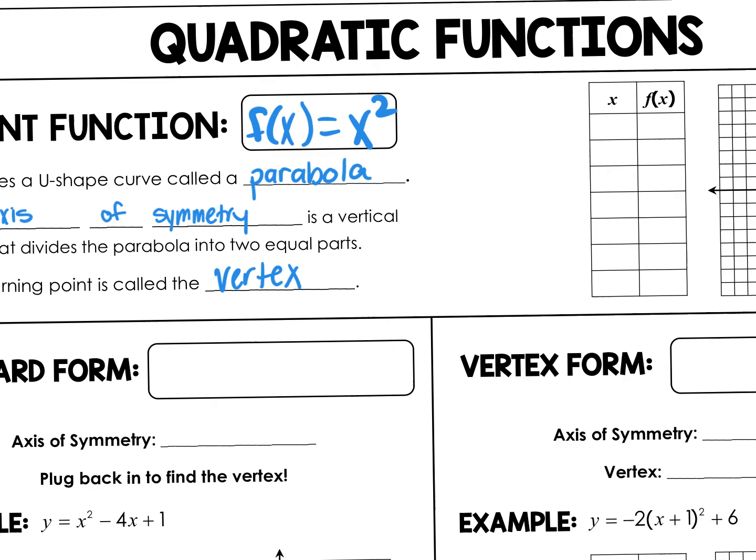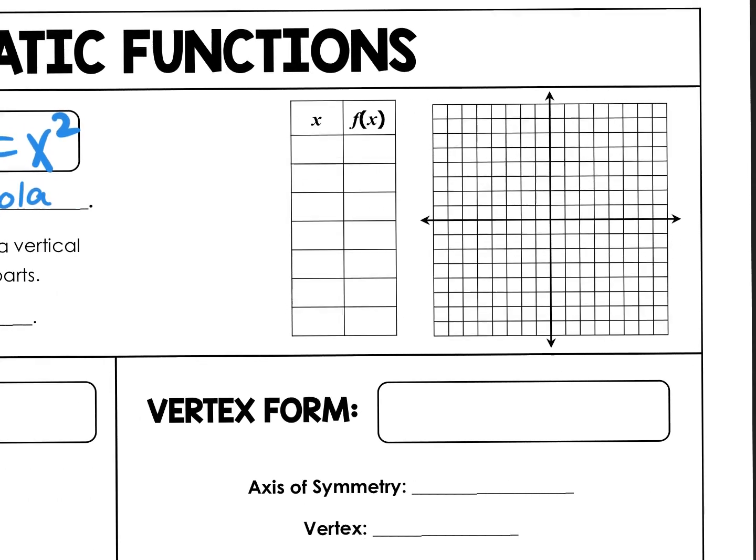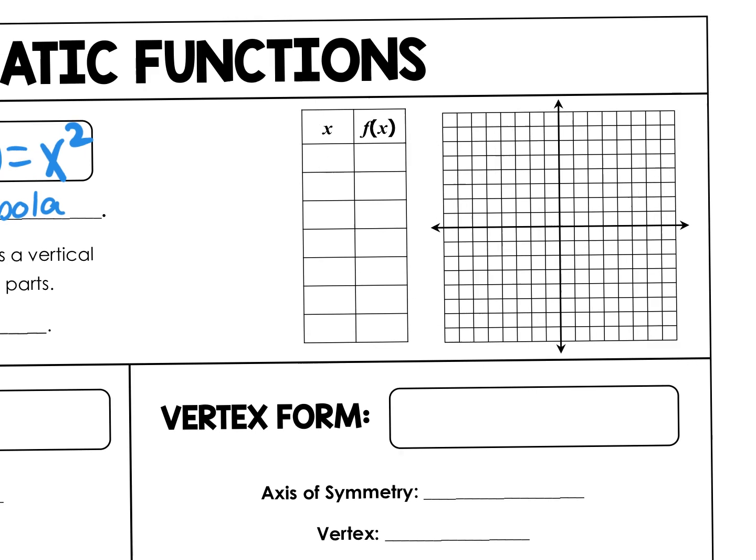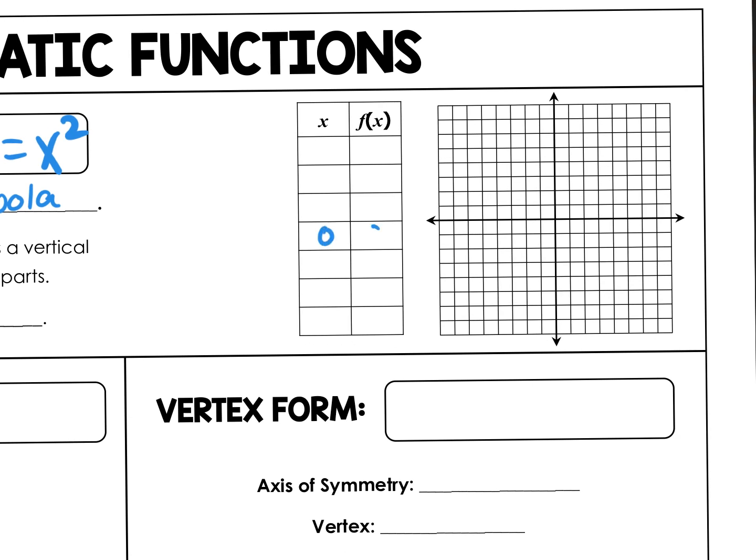So when you graph just x squared, your vertex is at 0, 0, right? So then 1 squared is what? 1. 2 squared is 4, 3 squared is 9. So 1, 4, 9 again. Yes.